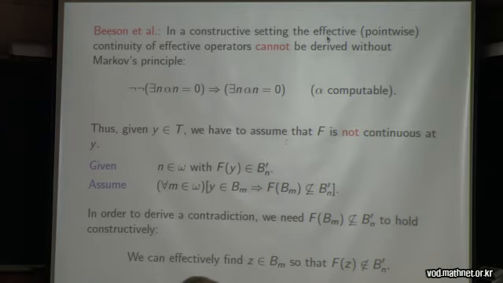And here we have to effectively find such a z. So we have to assume that we can really find such a z which is in Bm but not mapped into Bn'. That is the essential point.